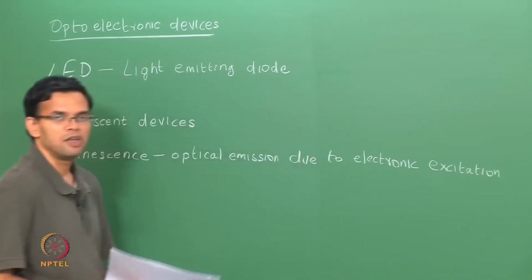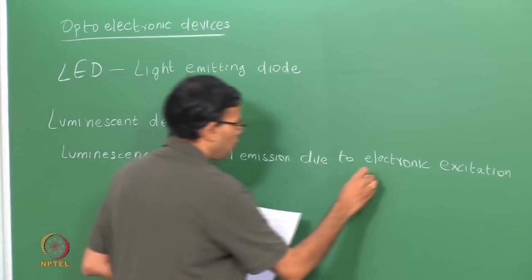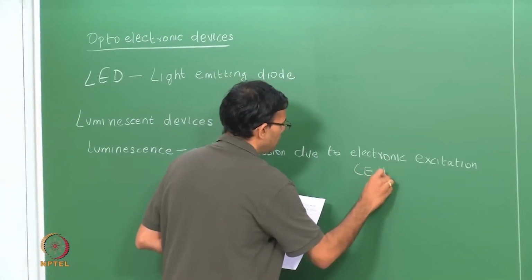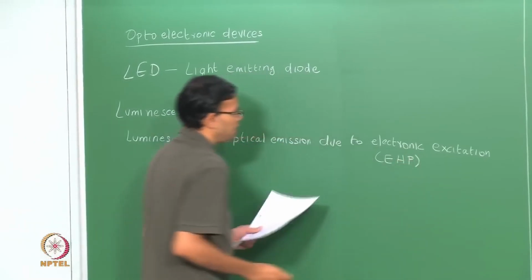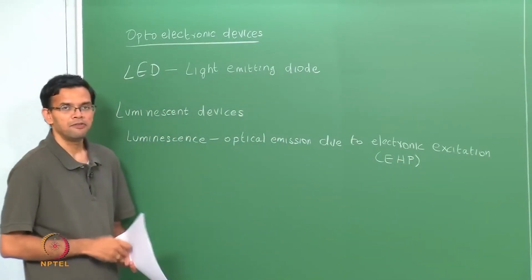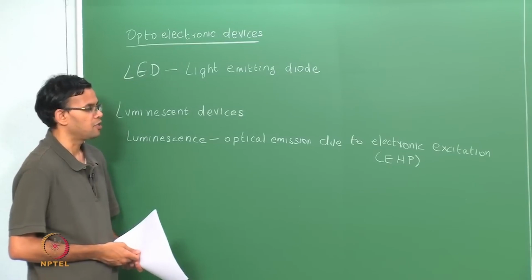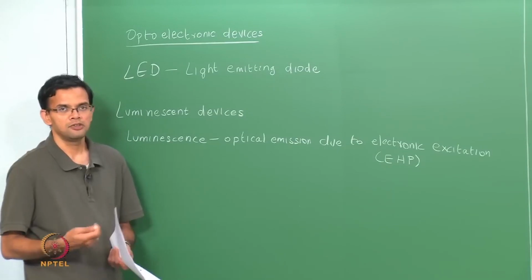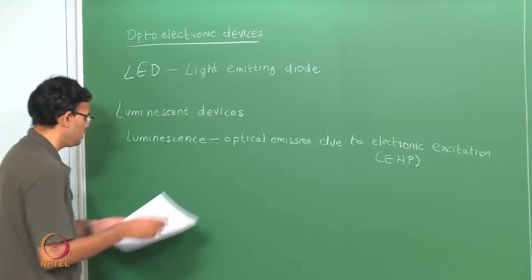So, in the case of semiconductors, when we mean electronic excitation, we mean the creation of electron hole pairs. There are different ways of doing this electronic excitation, which leads to different kinds of luminescence.